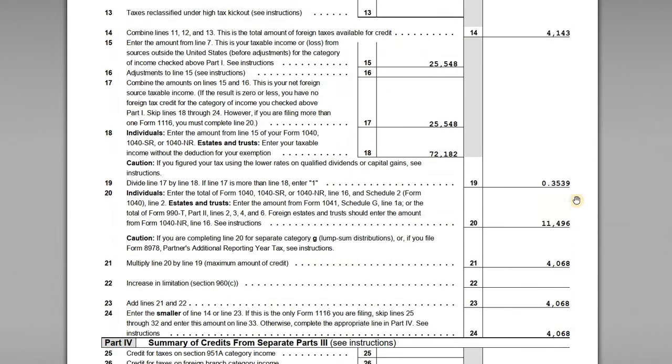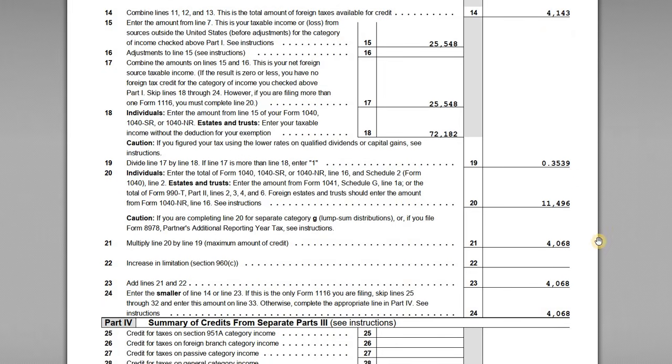Once we have that, we multiply the ratio, 0.3539, by the 11,496, and we get our maximum credit amount. So this is the limitation for the year. In other words, if we have foreign taxes that exceed this amount, those cannot be applied. They have to be carried back or carried forward.